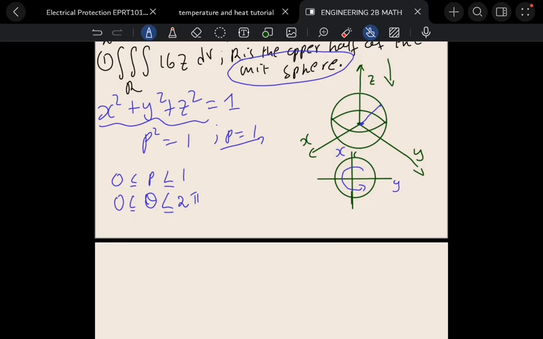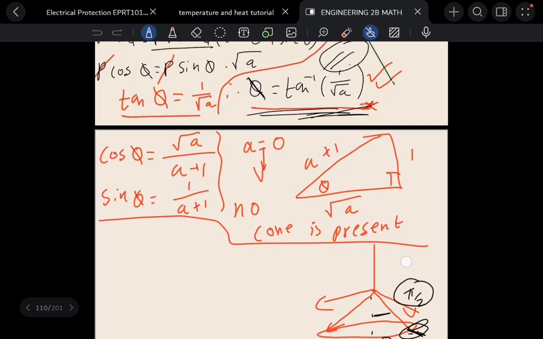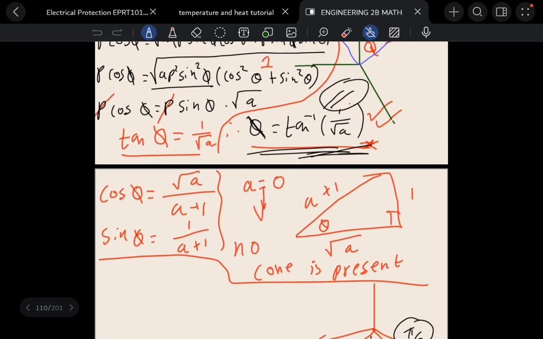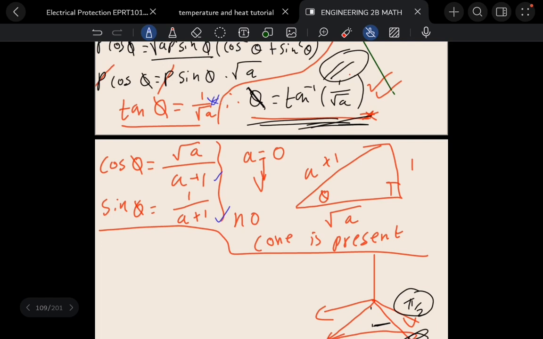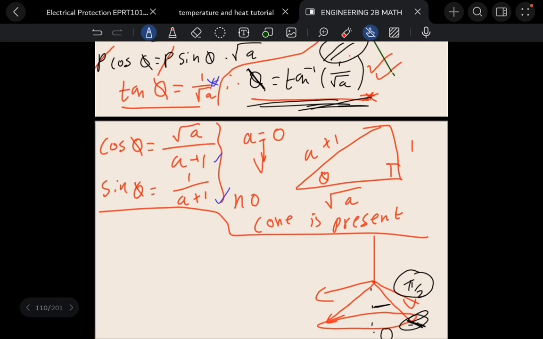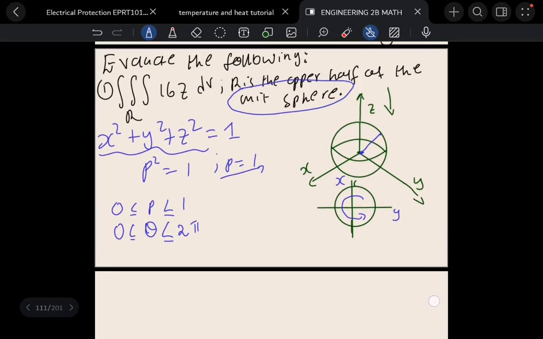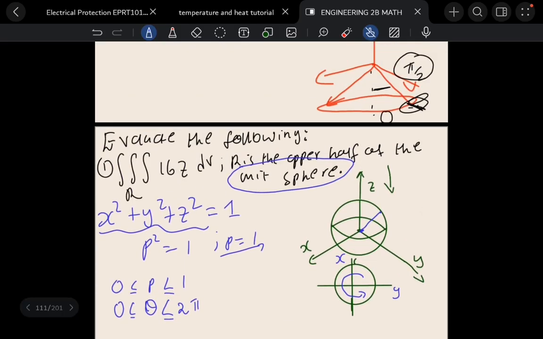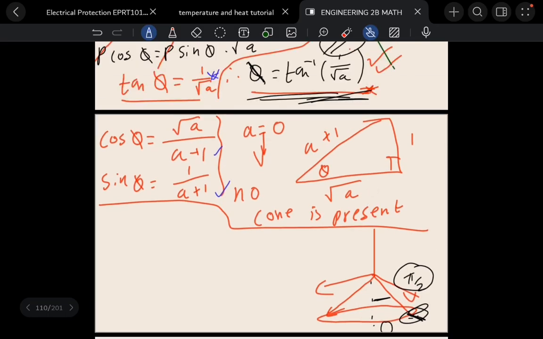And then to get your value of phi, we need to use one of these equations here. We cannot use the tan one, but we can use one of the other equations that we see there. Another thing we need to understand is that we are looking at an upper half. Since we are looking at the upper half, one of these equations must give us pi over 2.